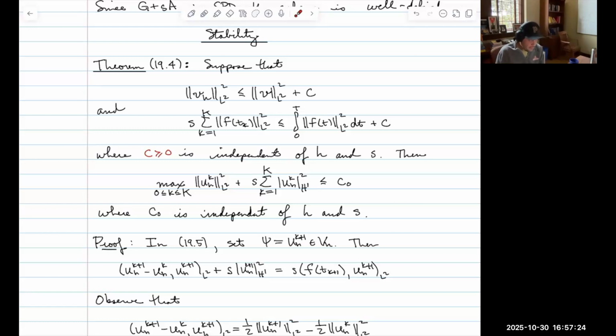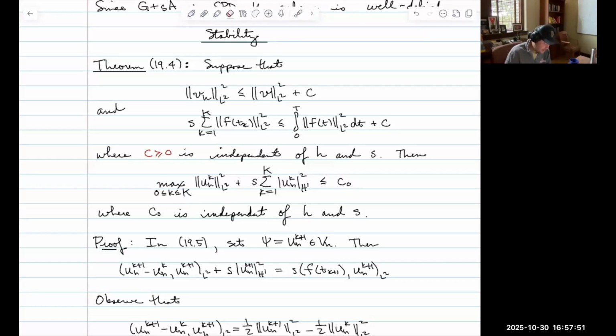And the object I'm going to get over here, before it was an integral in time, now I can't get an integral in time. The best I can get is this summation. And that's fine, as long as these two things are less than things which are completely independent of H and S. And through the proof, we're going to find out what this C0 constant should be.